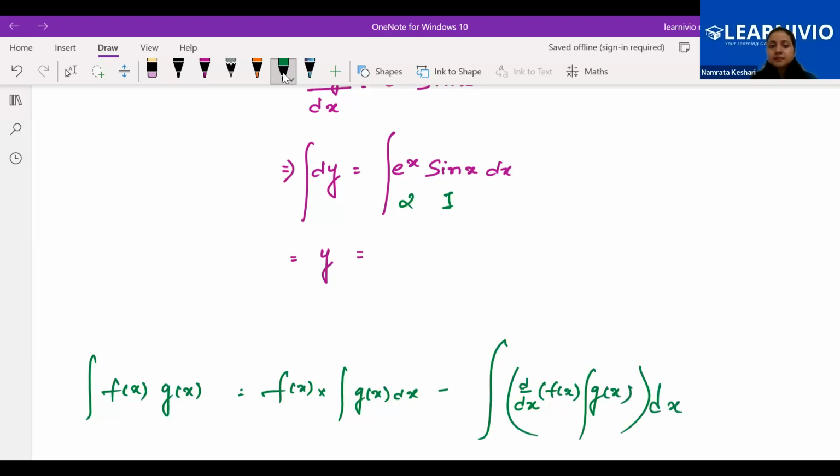Let's apply the formula over here. First function, integration of second function, minus derivative of first function, right?